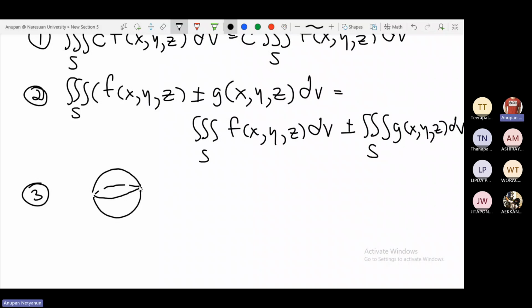Let's say the whole S you can think of as a football. Now, what we can do is separate this S into two smaller solid objects, which I call S1 and S2, where S1 intersect S2 is empty.